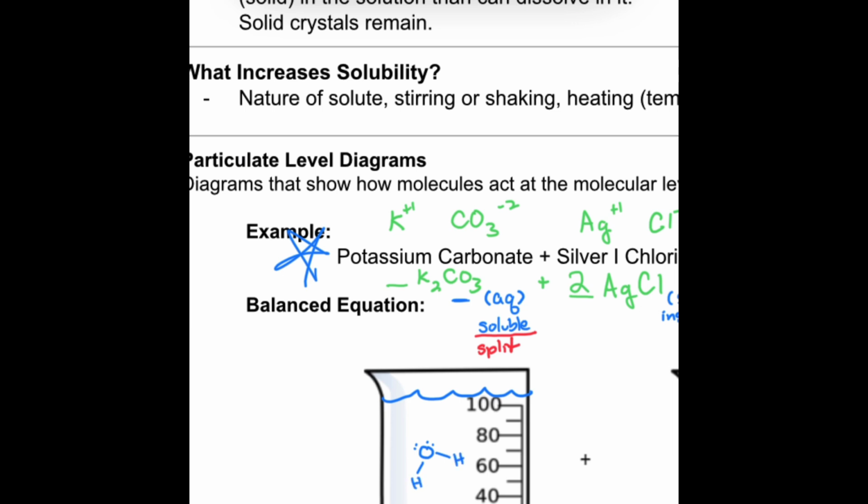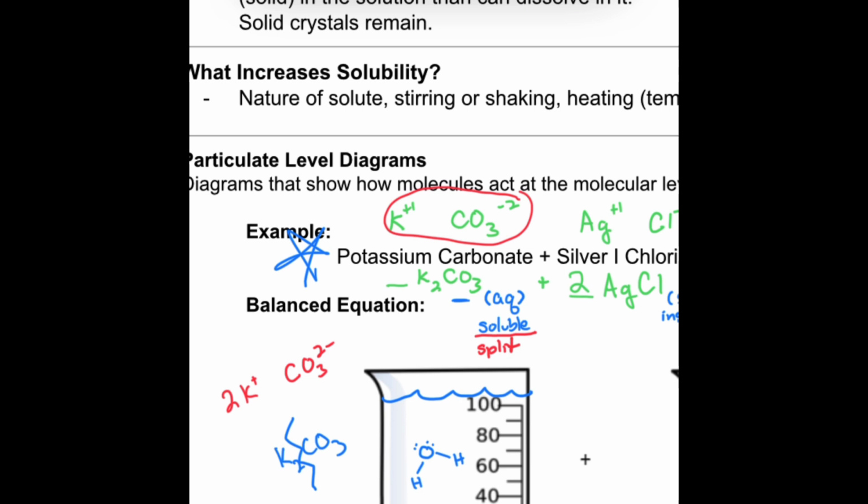And since I know that this potassium carbonate was soluble, I'm going to split it up, much like I split up sodium chloride on the front, right? If I split this up, this K2CO3, I'm going to split it up right there. And then it's going to split up into 2 potassium ions and a carbonate ion, right? Just like before, swap and drop.